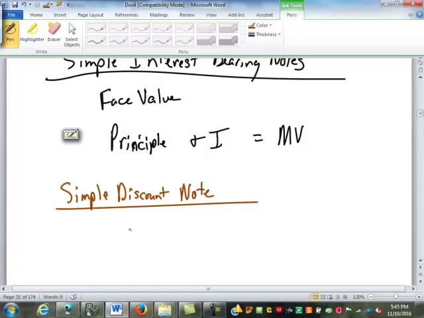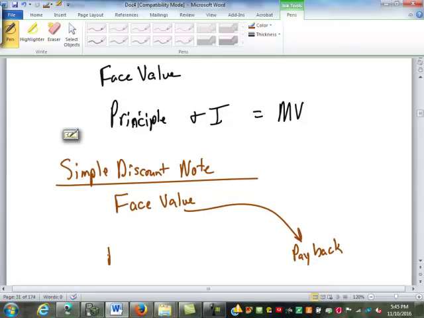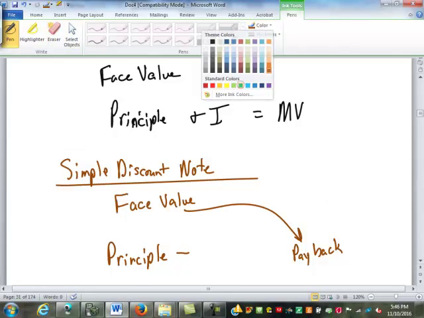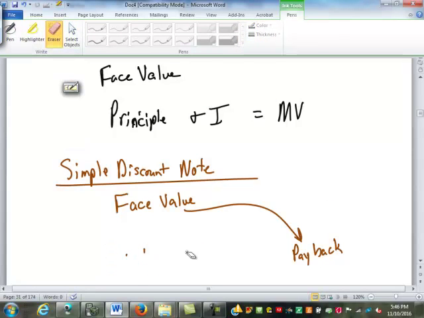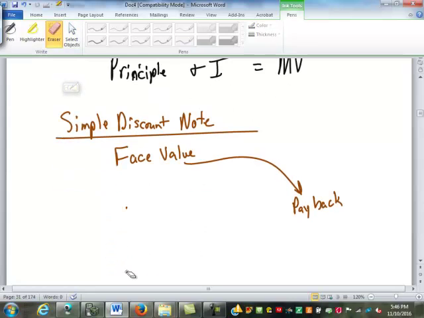So in a simple discount note, your face value is the amount you're going to pay back at the end. So what happens is you have your principal, which is your face value.